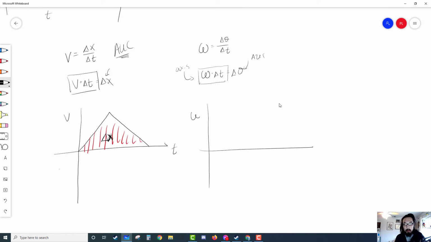So do an omega times time graph. And so if I have, I'm going to create a different shape for y'all, something that looks like this, so that must mean that this area under the curve right there, that is my displacement, because that is my area under the curve.